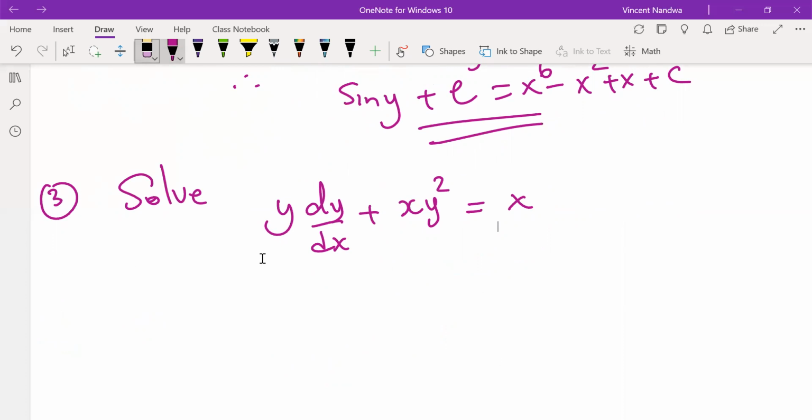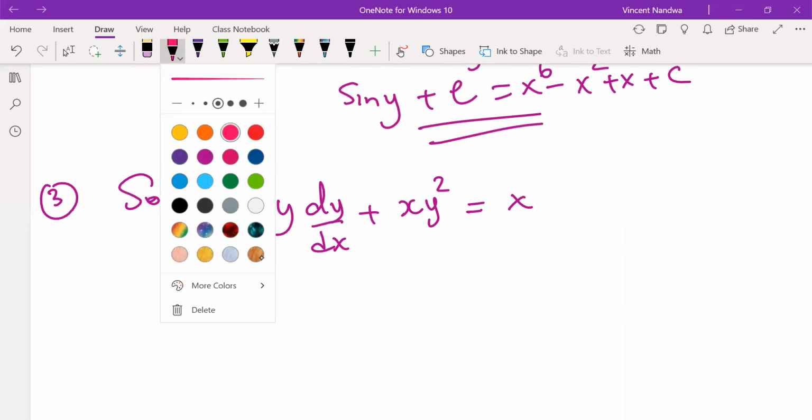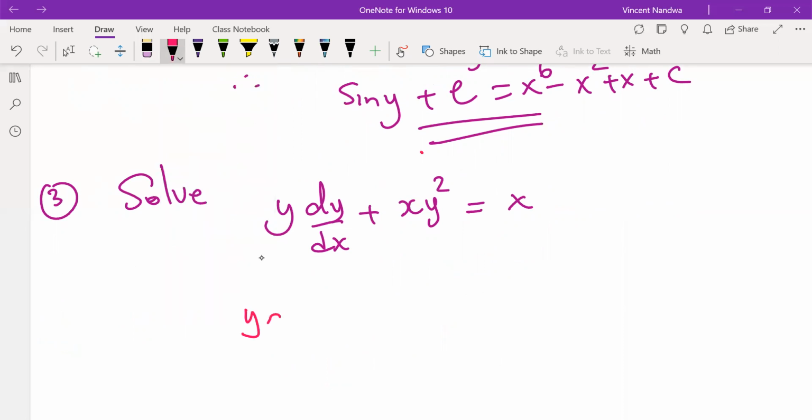So start by multiplying each term by dx. So we have y dy plus x y squared dx equals x dx.